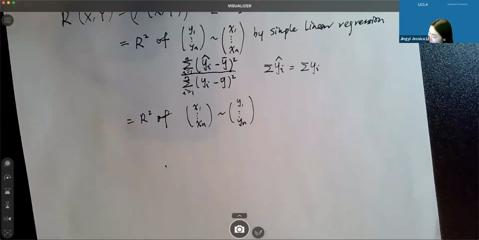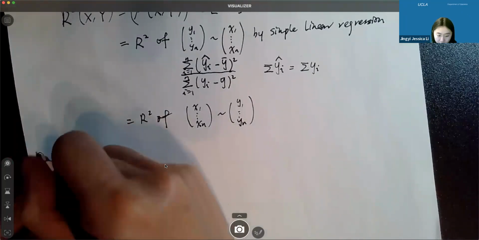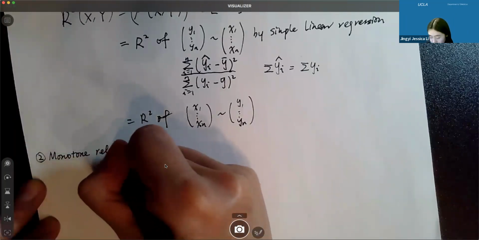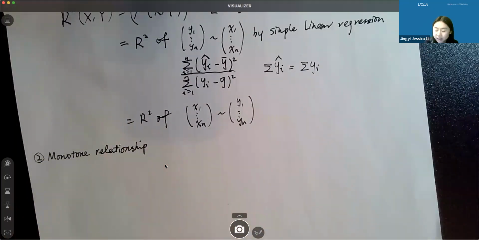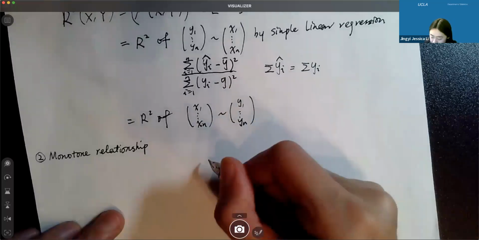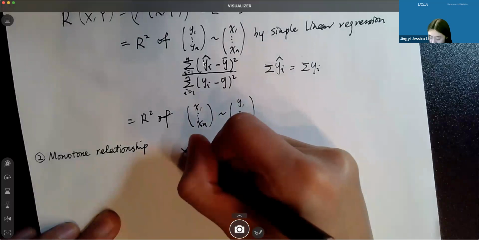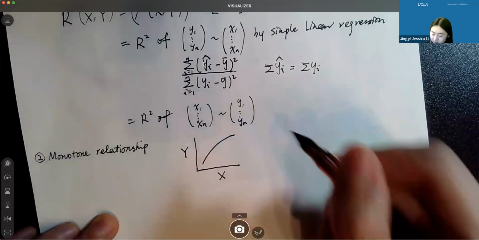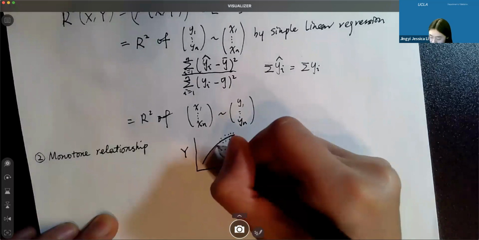And so to continue, we will talk about the second type of relationship called monotone. In a lot of cases, the relationship may not be linear, but they can be monotone and still of interest. So for example, let me just give you some interesting relationships. In this case, if the true relationship is like this, so it's not linear but monotone, and the observations you observe are scattered around this line.